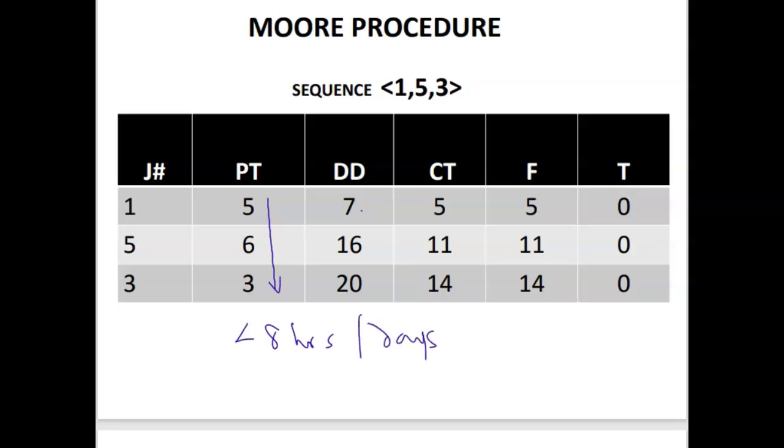It depends on what we are given. Because the first delayed job, job 2, had a processing time of 8 hours and that is where the delay started. You can see that none of these 3 jobs was at 8 hours. They were below 8 hours. That means we didn't delay them.